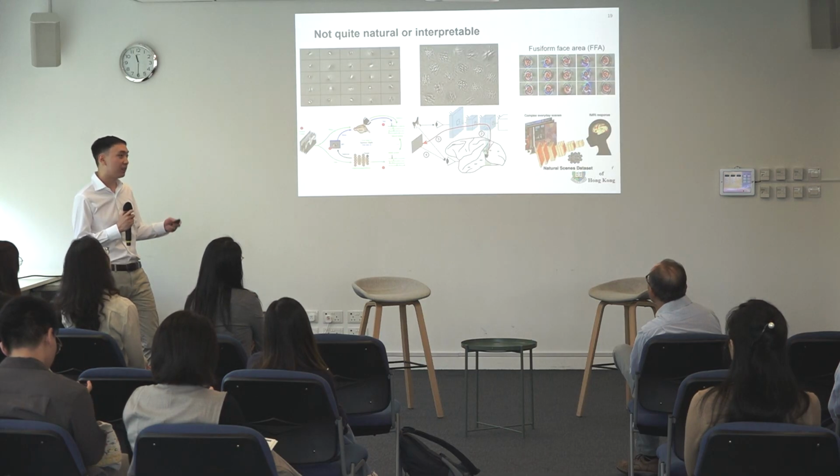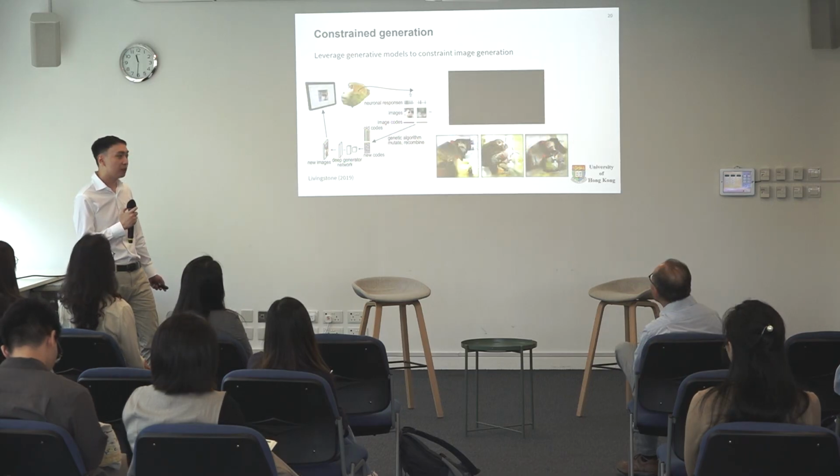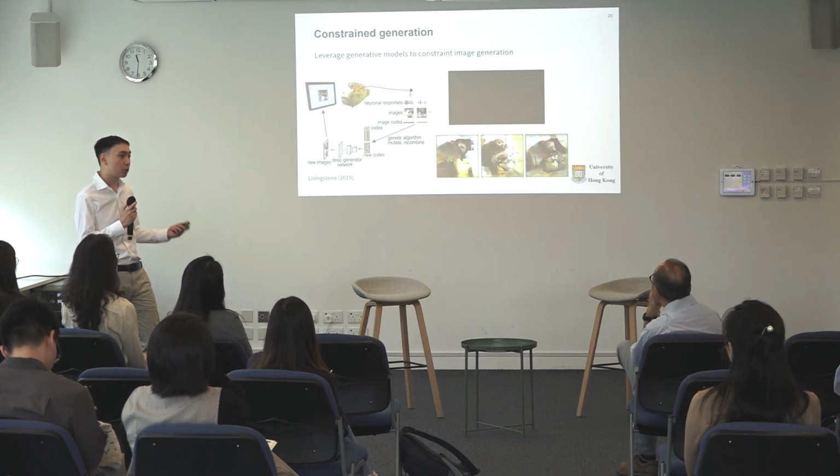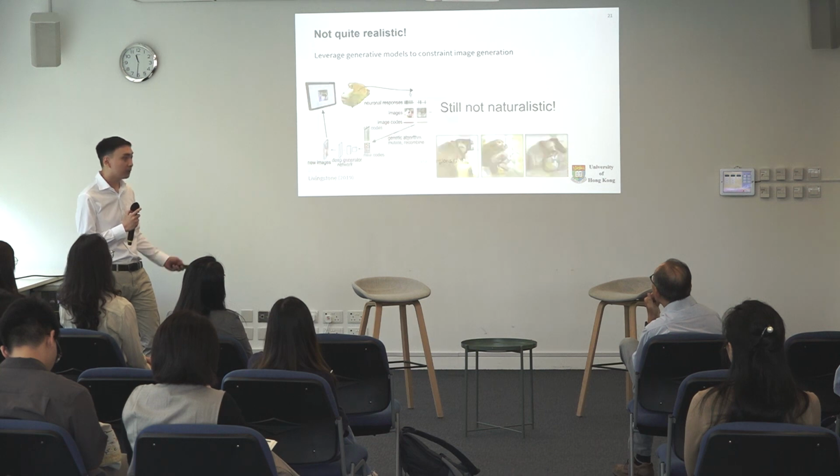Using these methods, they can find images that activate different brain regions. However, this approach does not work well for higher visual regions. This is from Harvard's Margaret Livingstone, who worked on monkeys, and she showed that by constraining the output using large visual models, they can generate images that she claims are very similar to monkey faces.